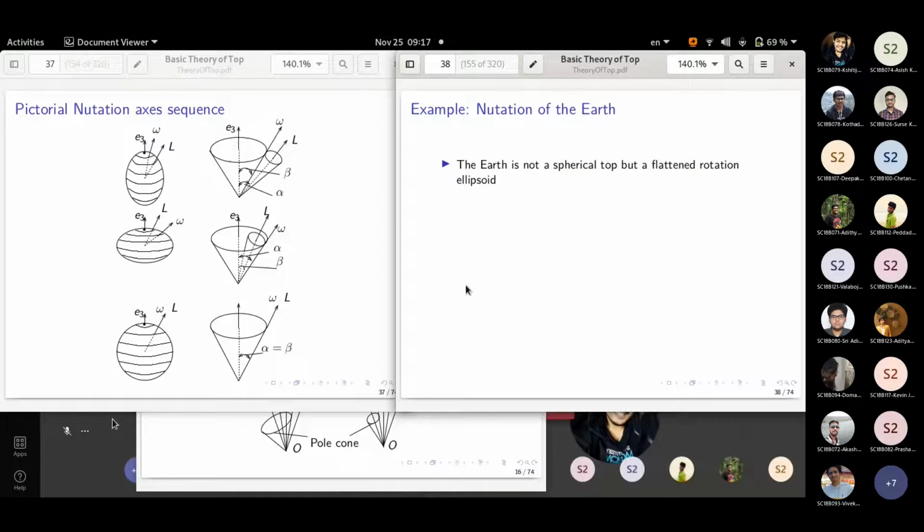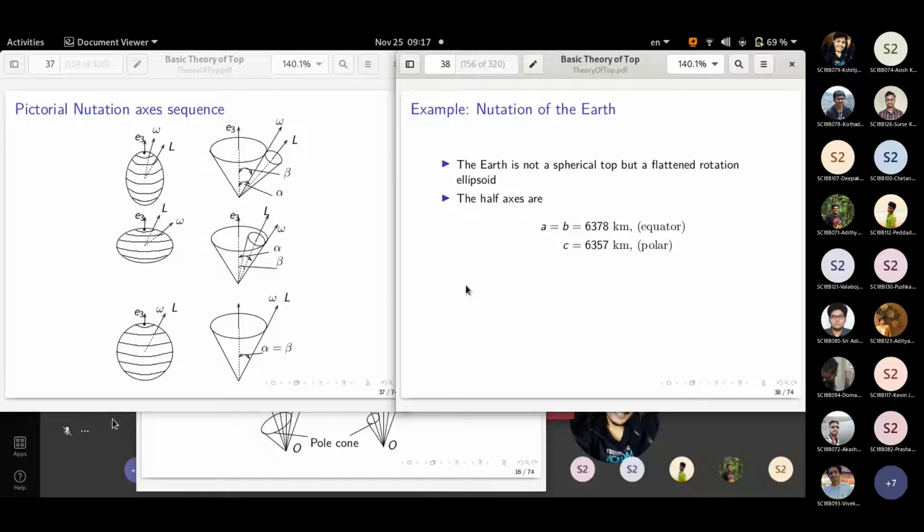So let us take the example of the earth and understand if a nutation is happening for the earth, it is going to occur because it is having this oblate shape. So earth is not spherical but a flattened rotation ellipsoid. So the half axes are actually 6378 kilometers along the equatorial directions and 6357 in the polar direction.